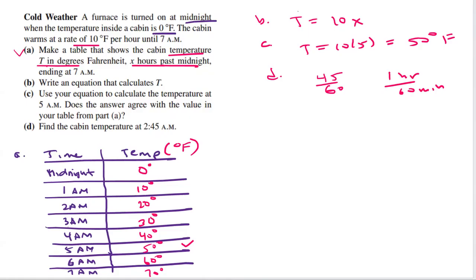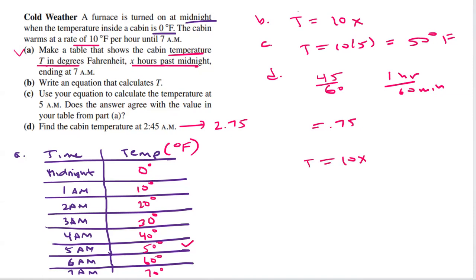So we just divide those two, and 45 divided by 60 is going to give us 0.75. Then we want to convert the 2:45 a.m., the 45 to 0.75 and leave the 2, so we have 2.75. So 2:45 a.m. becomes 2.75.